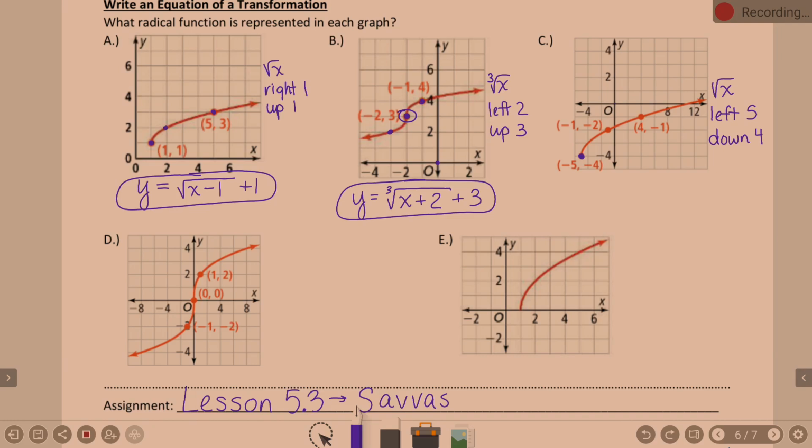Now, we have to decide if there's any type of stretch. I say be careful here because what annoying thing did they do? They labeled vertically by ones: 1, 2, 3, 4, -1, -2, -3, -4. What'd they do horizontally? By 2s. So here's the deal. I see a point right there.